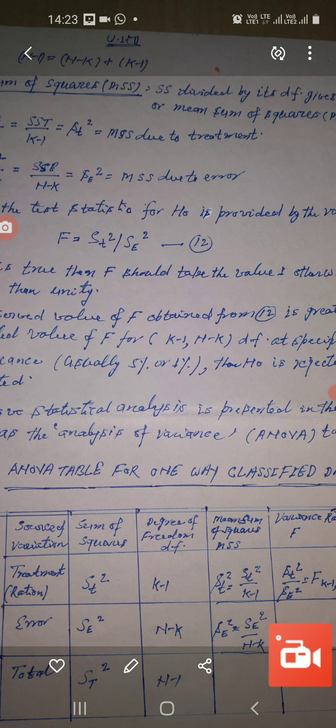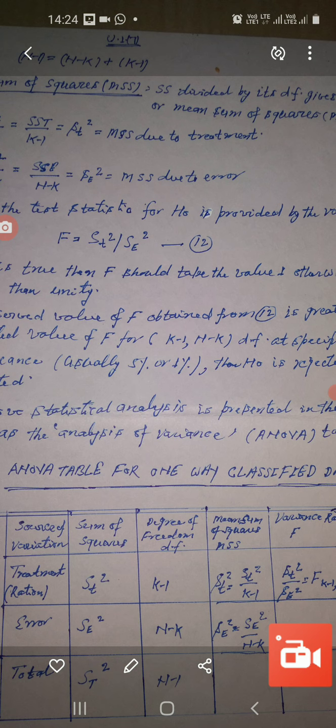Similarly, we will consider the test statistic for varieties. And this is your Fv is equal to Sb square upon Se square, where Sb square is mean sum of square due to varieties, and this follows F distribution with h minus 1 comma h minus 1 into k minus 1 degree of freedom.